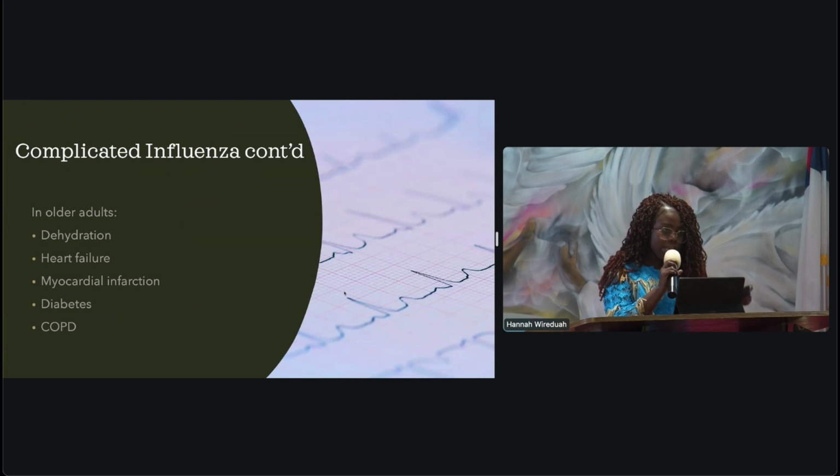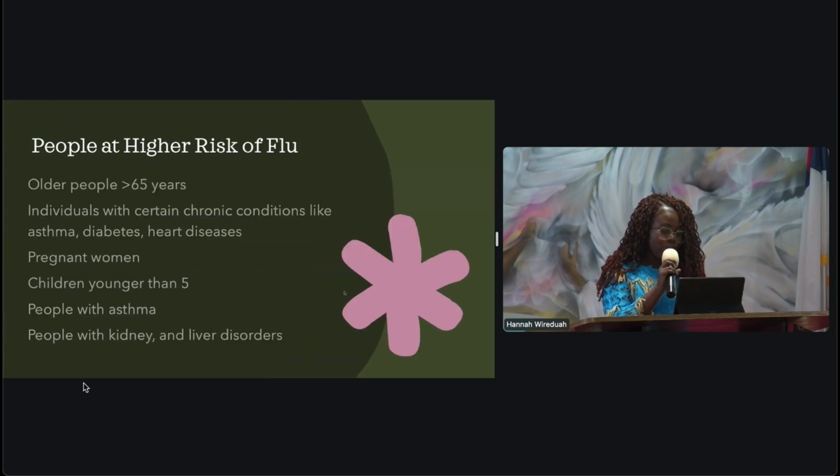Now, everyone is susceptible to getting flu. No matter how healthy you are, you can get flu. But there are certain people who have higher risk.